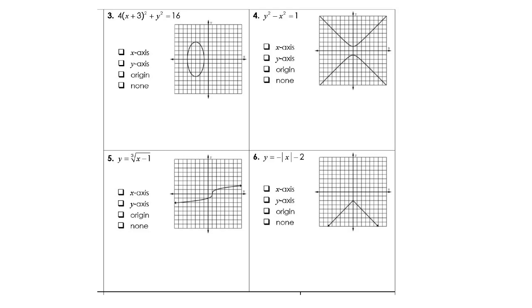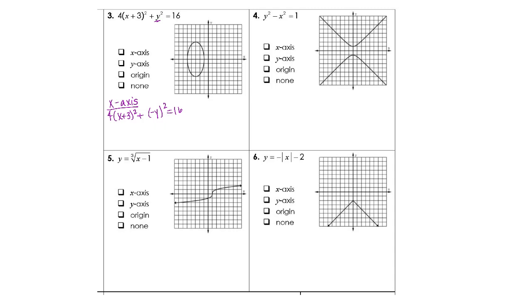Alright, so for number 3, carrying on the same idea here, we do need to do some replacing. For the x-axis, again, we need to replace the y. So we are going to have 4 times (x plus 3) all squared plus, and then replacing this y with negative y all squared equals 16.